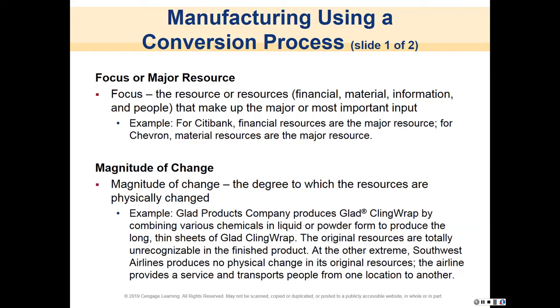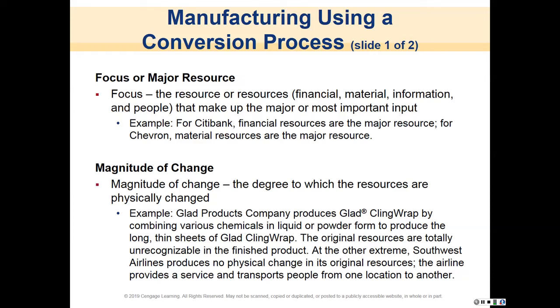For an IT department, it's probably the informational resource, or for IBM, it would be an informational resource. So one of the resources that every business has, financial, material, informational, and human, is going to be the focus of the conversion process.